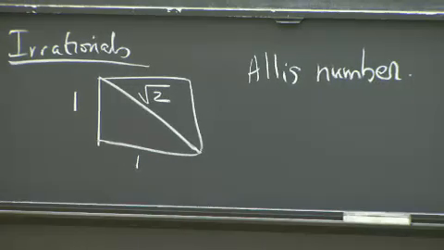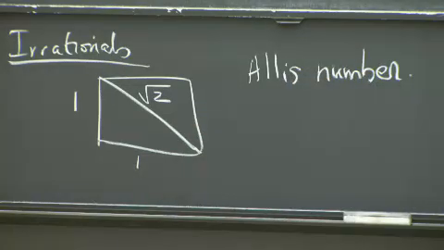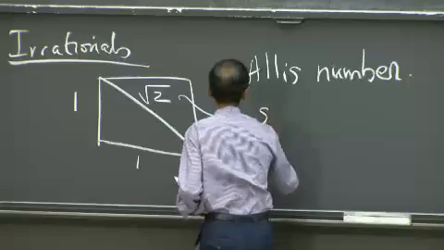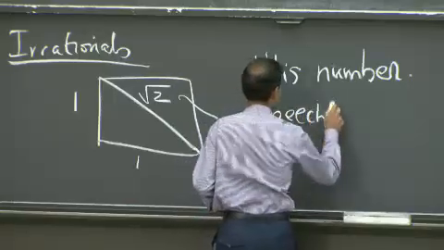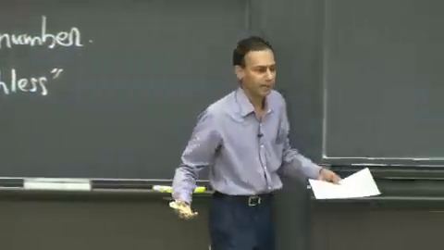And the problem here was that he didn't really like the square root of 2 because he couldn't express it as a number, or what he thought of as a number, which was 1, 2, 3, etc., the integers, whole numbers. So he called this ratio speechless. Something that he really couldn't explain.